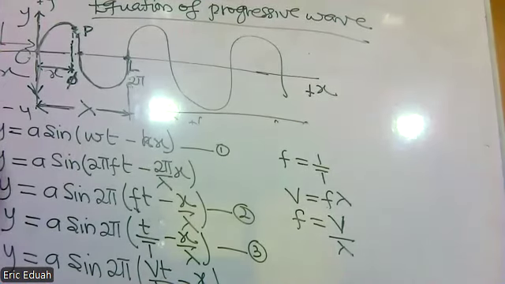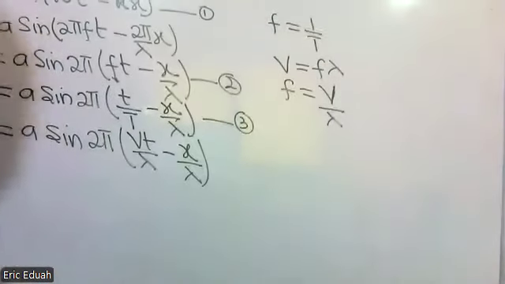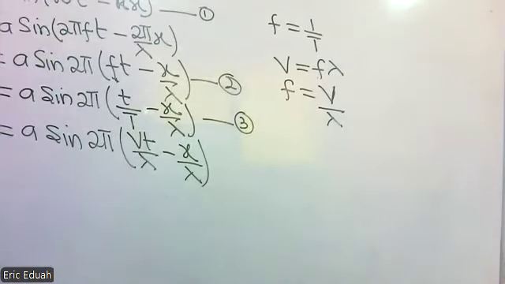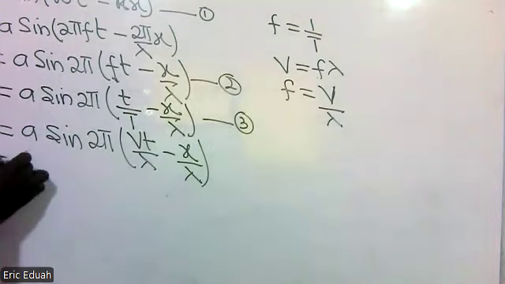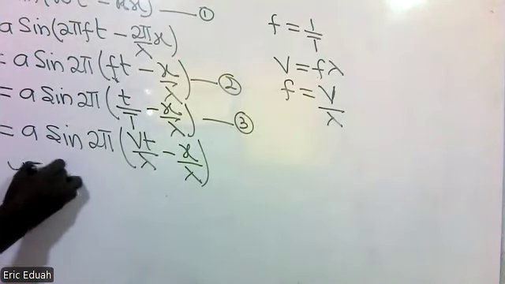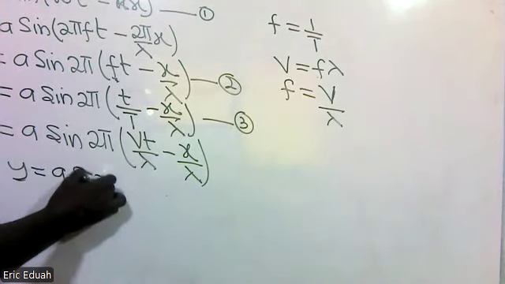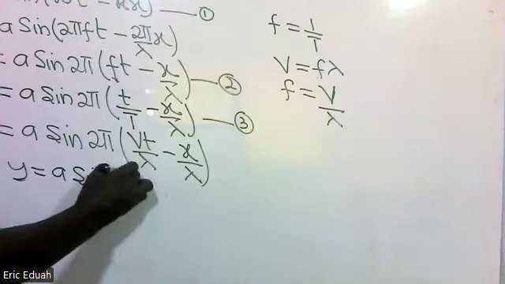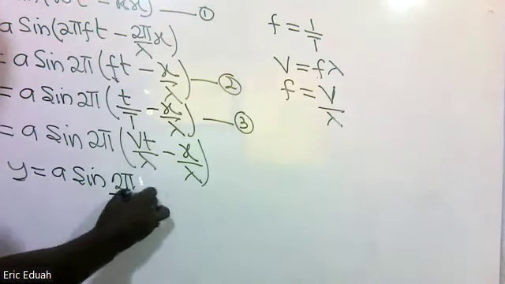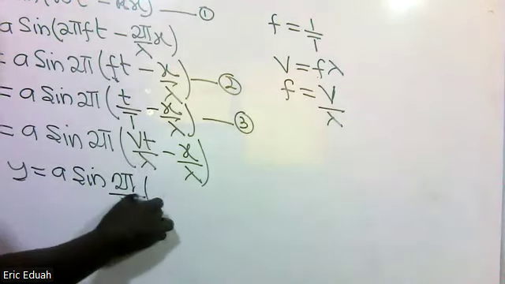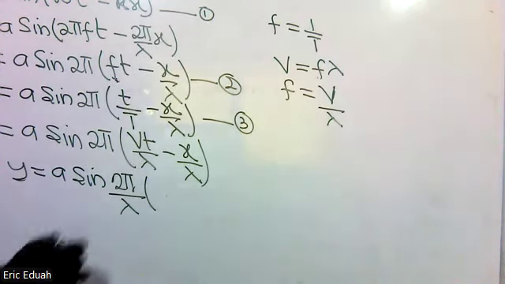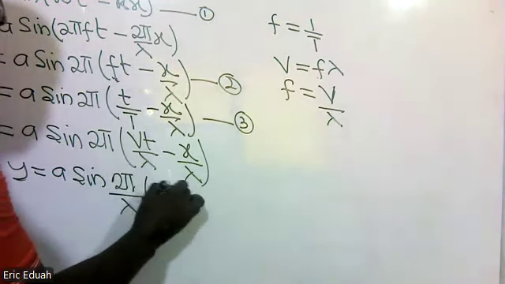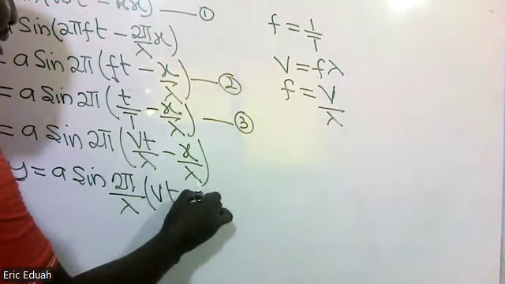You could see that lambda is common. So we want to factorize out lambda as well. So we have y is equal to a sine 2 pi, we pull lambda out, so we have vt minus x over lambda.